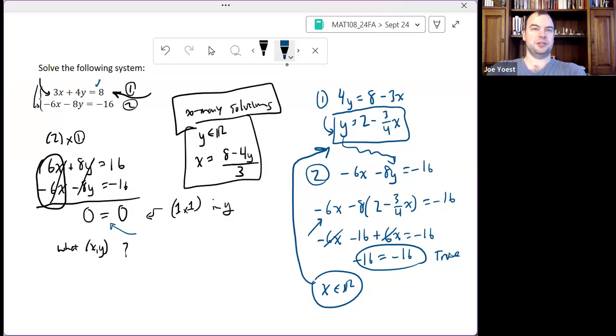But once I decide what x is, if I say pick x equals 1, then I do have a constraint on y. y has to be 2 minus 3/4 x. So if I pick x equals 1, y has to be 2 minus 3/4.